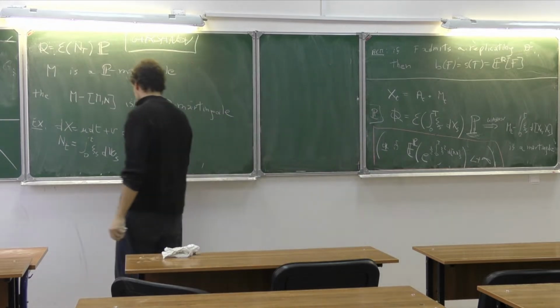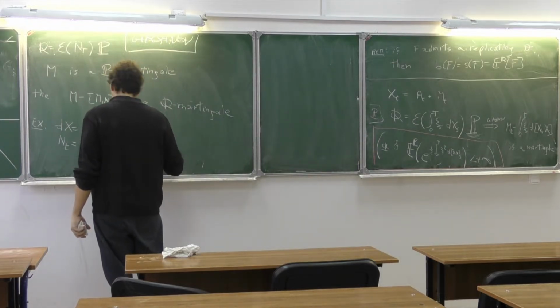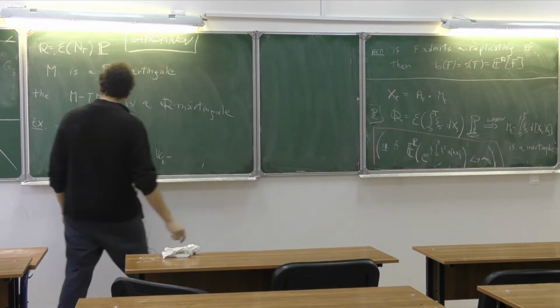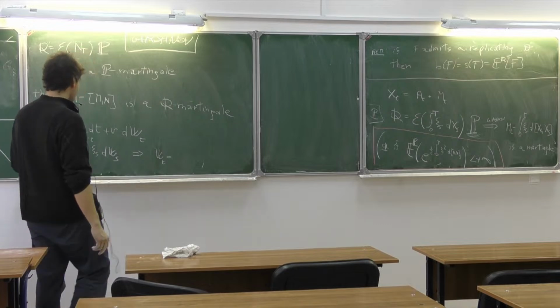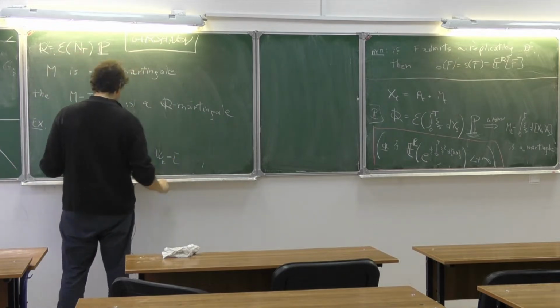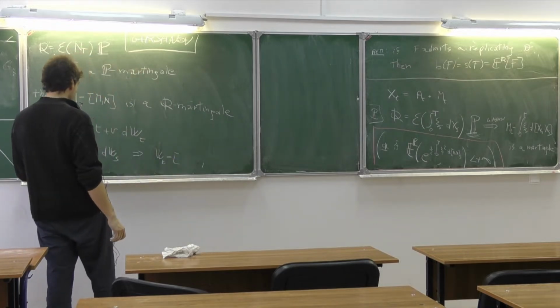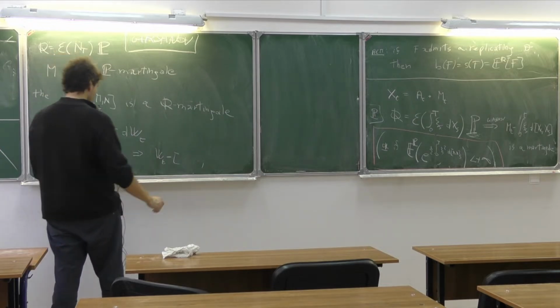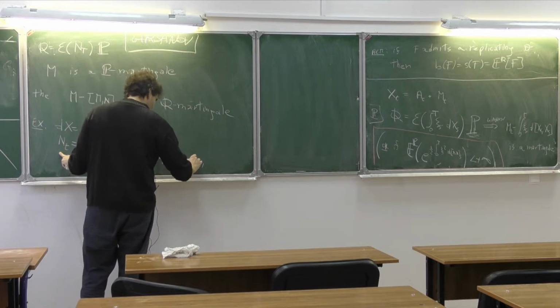Then W_t minus the cross quadratic variation between W_t and N_t, but who is this cross quadratic variation?